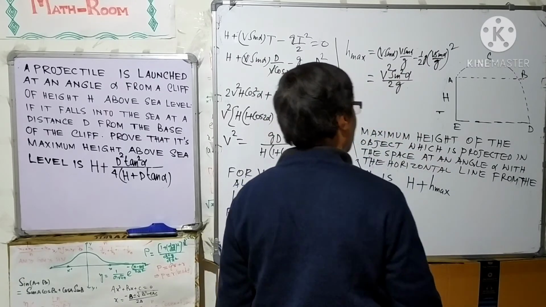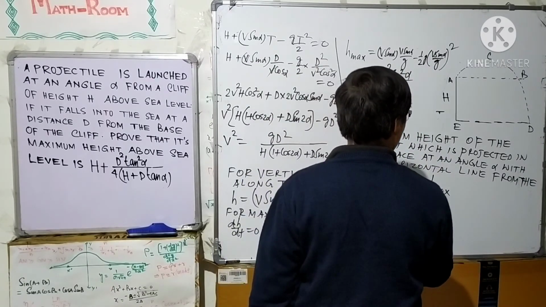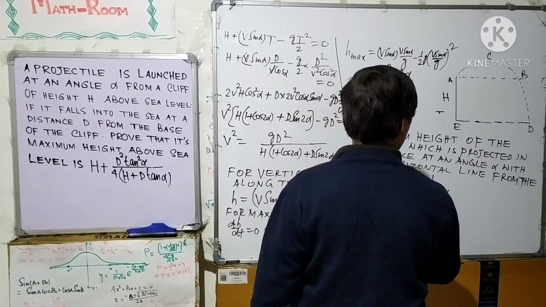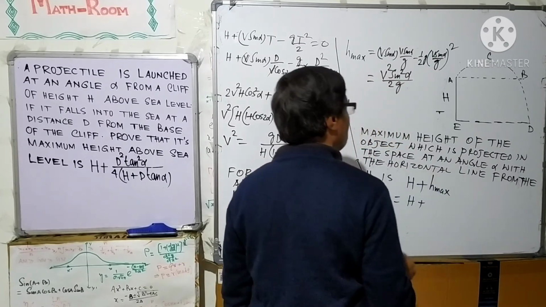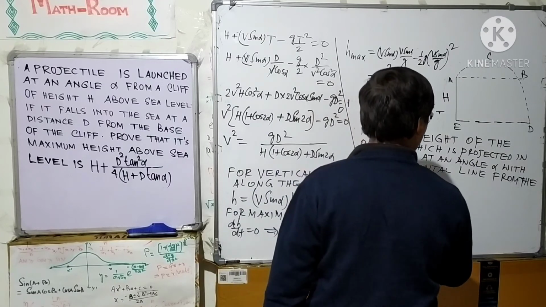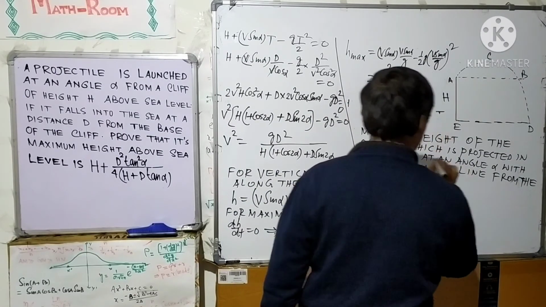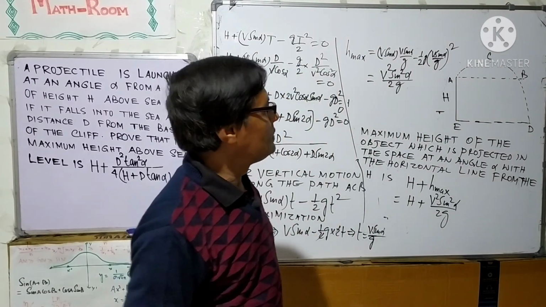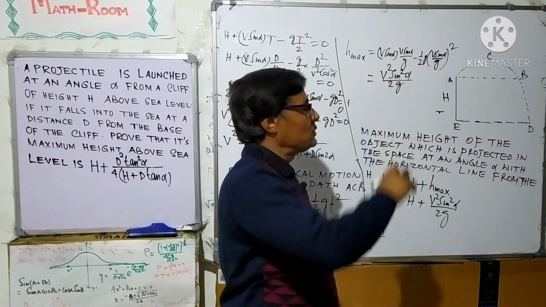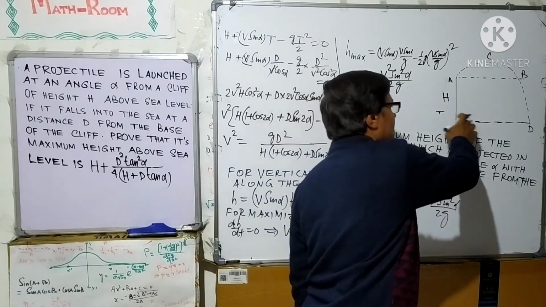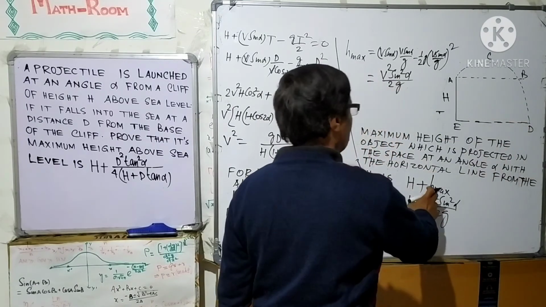So h plus h max is V square sin square alpha over 2g. This is the maximum height of the projectile from the sea level.